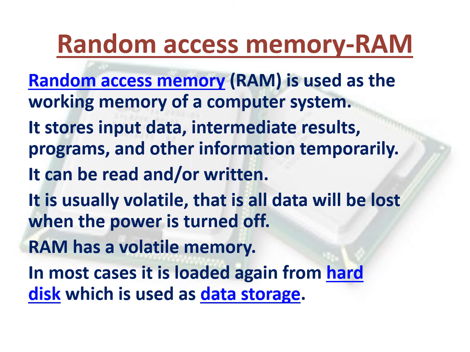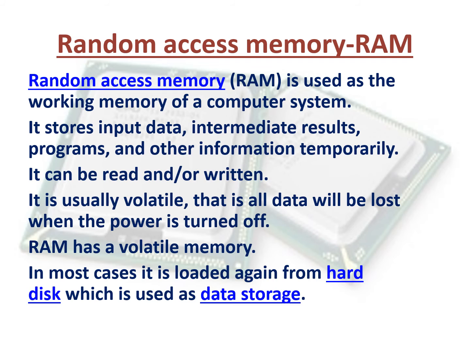So let us study about RAM first. RAM is random access memory and it is used as the working memory of a computer system. It stores input data, intermediate results, programs, and other information temporarily. So children, you have to remember whatever is there inside RAM is on a temporary basis. It can be read and written.